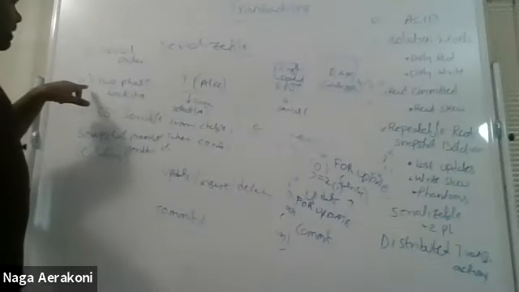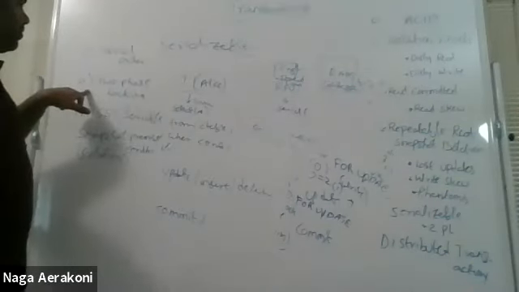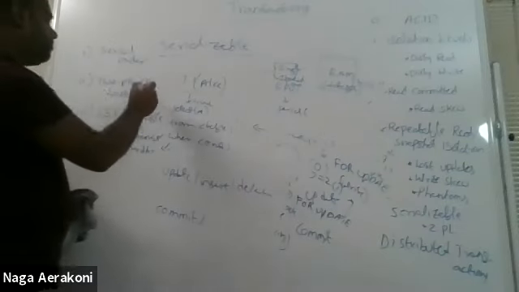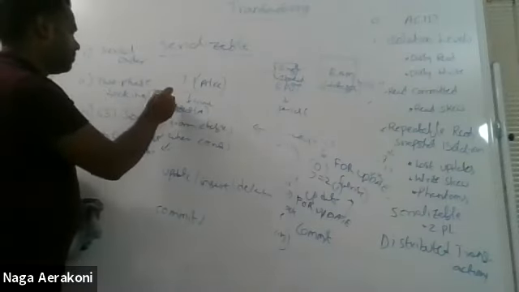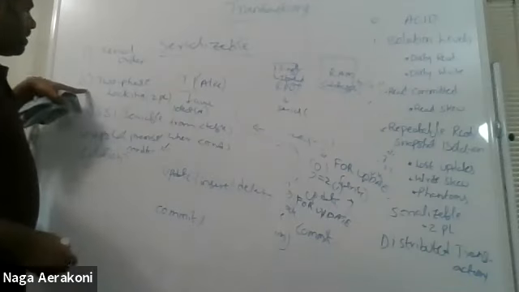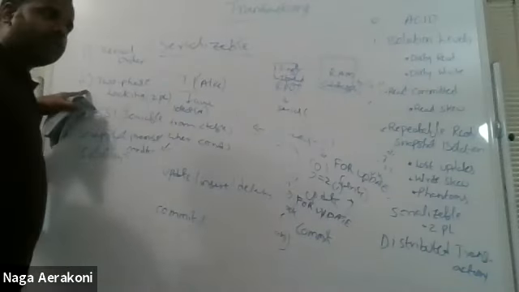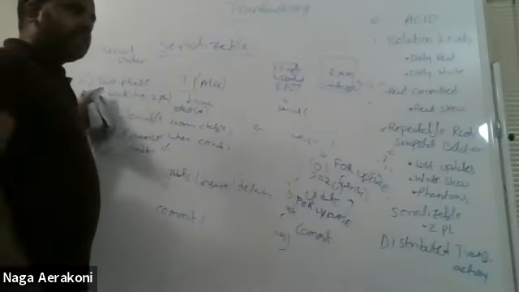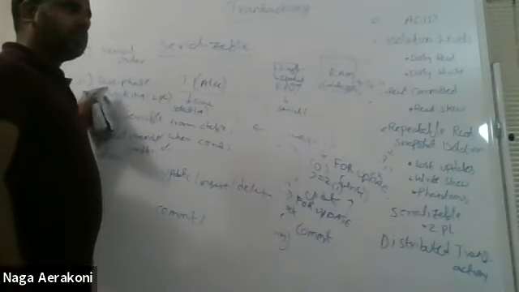The next one is two-phase locking. Two-phase locking acts as pessimistic. It assumes that anything can go wrong. So the locks are very strict.